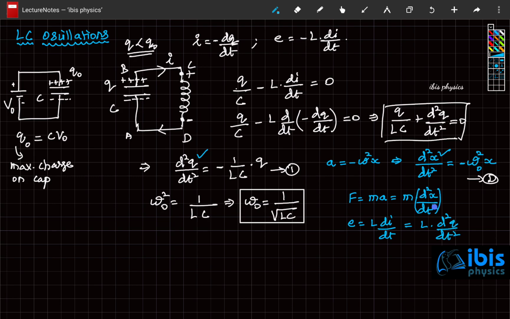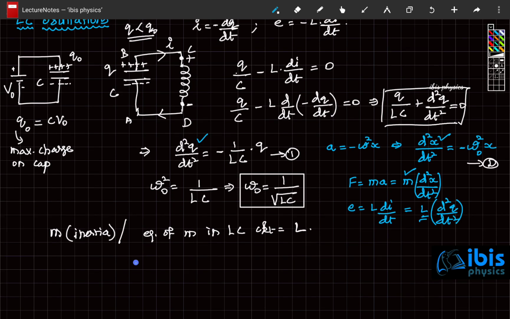So the coefficient of acceleration is m, and the coefficient of electrical acceleration, d square q by dt square, is L. m refers to inertia, so the equivalent electrical inertia, the equivalent of m in an LC circuit, is L.